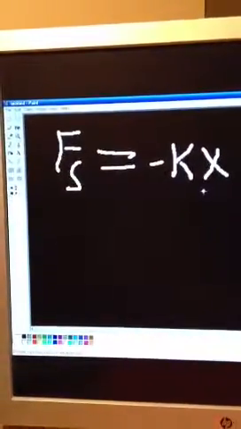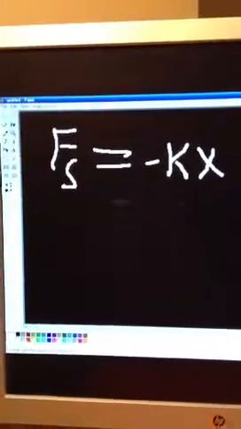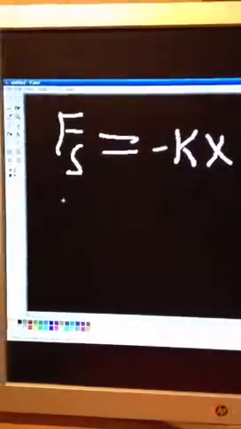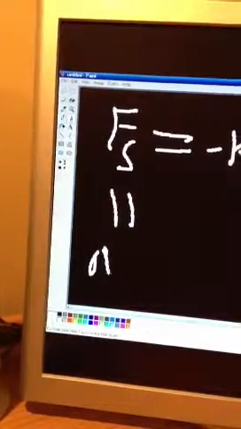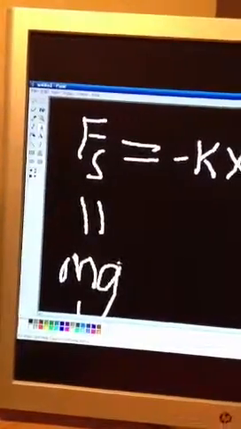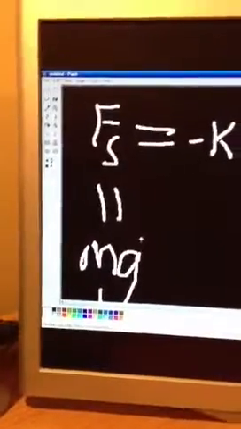It'd be easier for us to stretch a spring rather than compress it because it is easier to measure that way. The force of the spring is also equal to the mass of the object that you'll be attaching to the bottom of the spring times gravity. Gravity is a constant that is 9.8 meters per second squared, or approximately 10 meters per second squared.